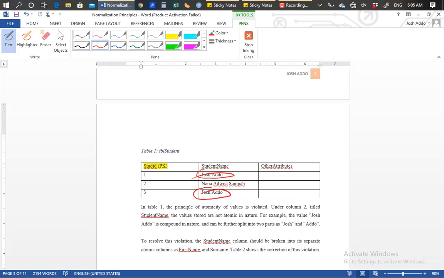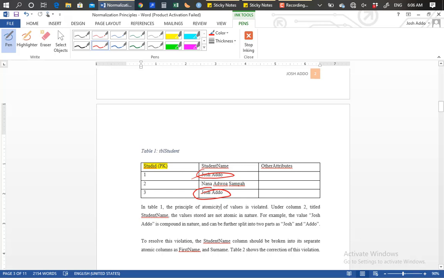So that is the first principle of first normal form. The first principle of first normal form is saying that in your table design you should have at least one column called the primary key column, that has values. The values are the data under that column that uniquely identifies the records in that table.